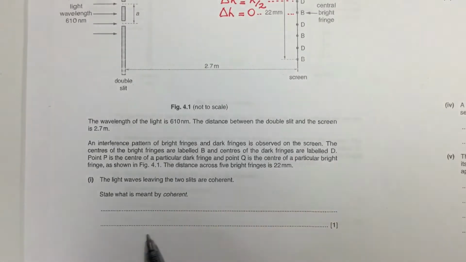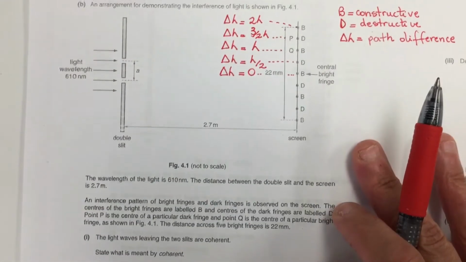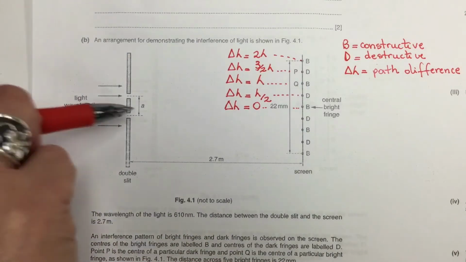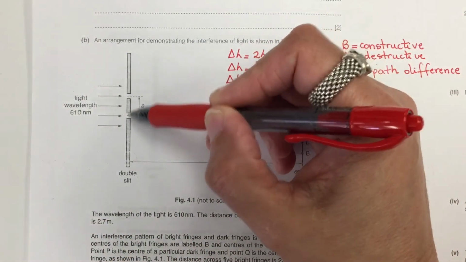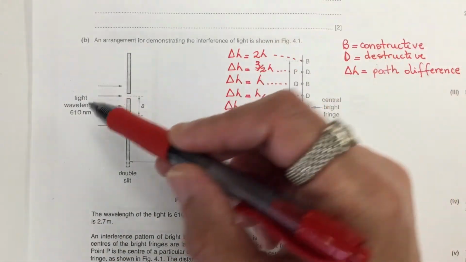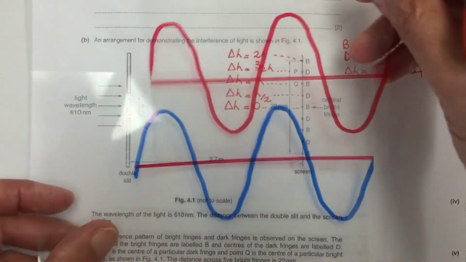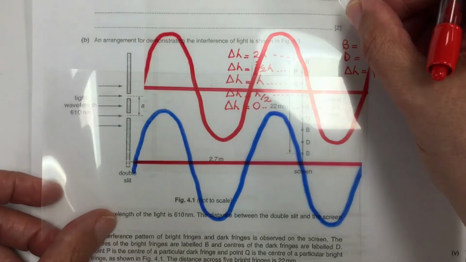So here it states that the light waves leaving the two slits are coherent. So what happened here is that the light is going to pass through those two openings. And this light is going to split into two identical waves, like this.